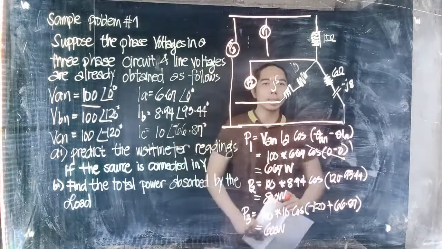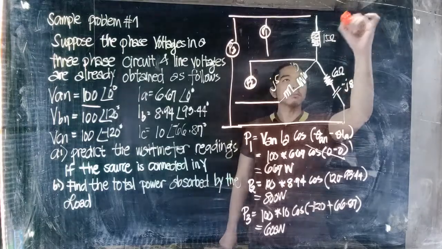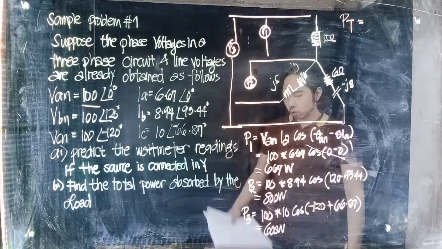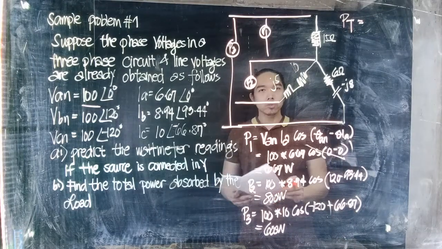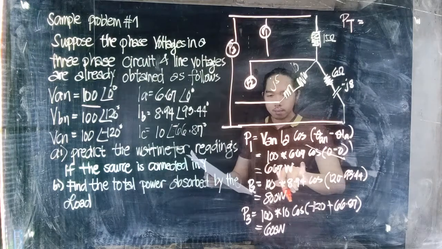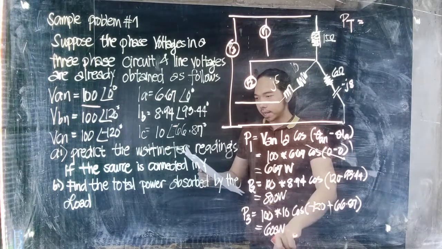So to obtain the total power PT, we're going to add everything up. That would be 667 plus 800 plus 600.